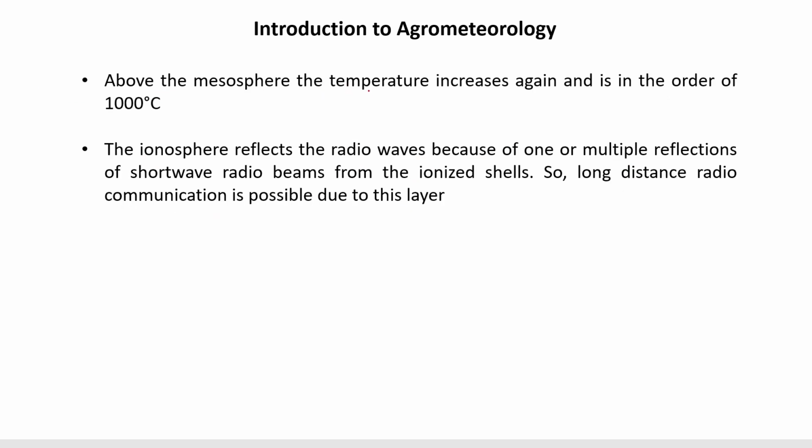Above the mesosphere, the temperature increases again, on the order of 1000 degrees centigrade. The ionosphere reflects radio waves because of one or multiple reflections of the shortwave radio beams from the ionized shell. So long distance radio communication is possible due to this layer.